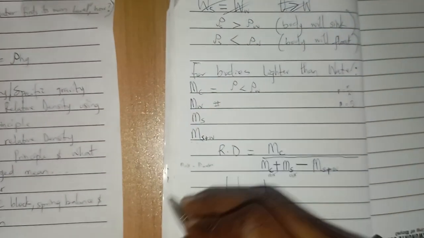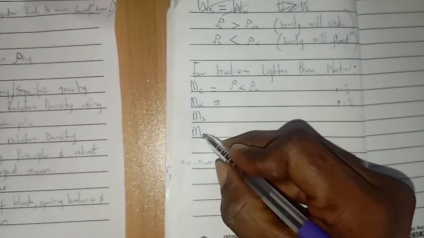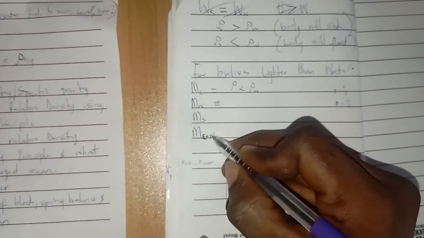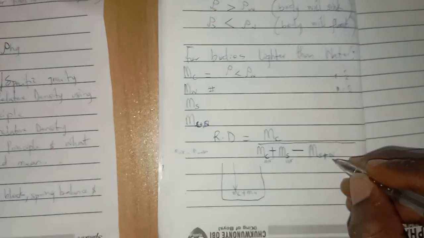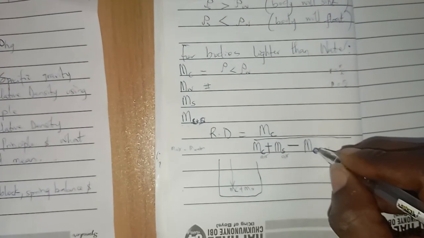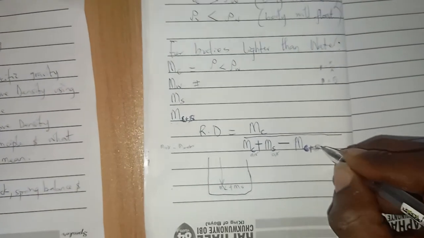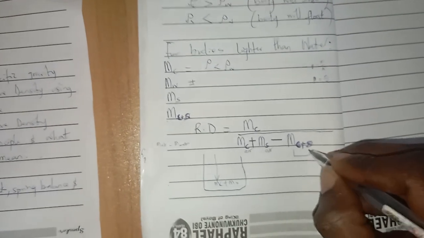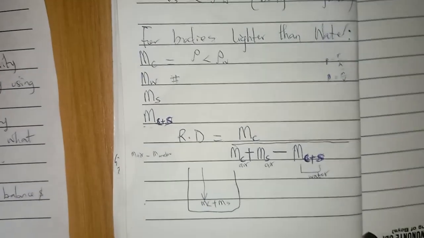Okay, let's do it this way. Mass of the cork plus the sinker in water. So mass of the cork and mass of the sinker in water. So this will be the relative density.